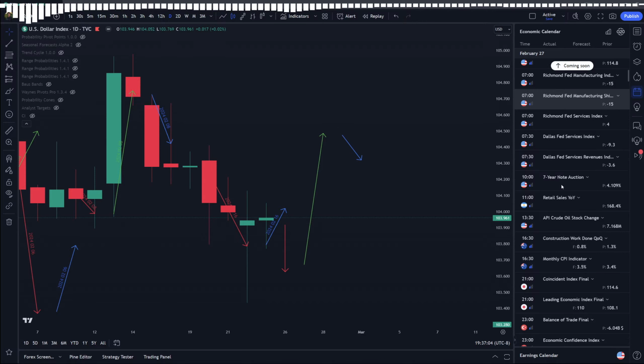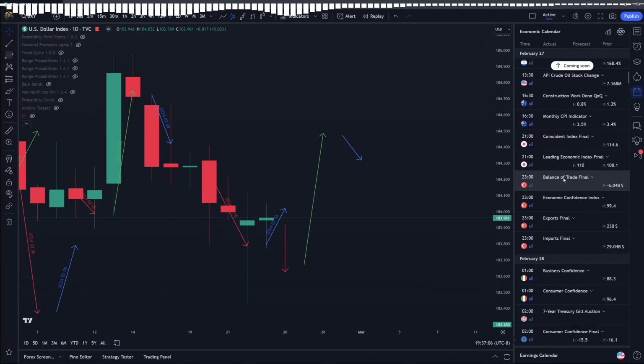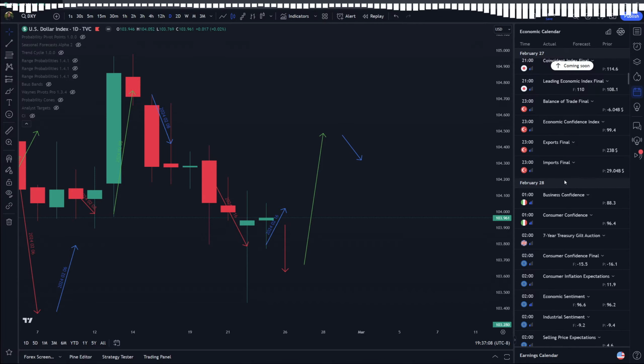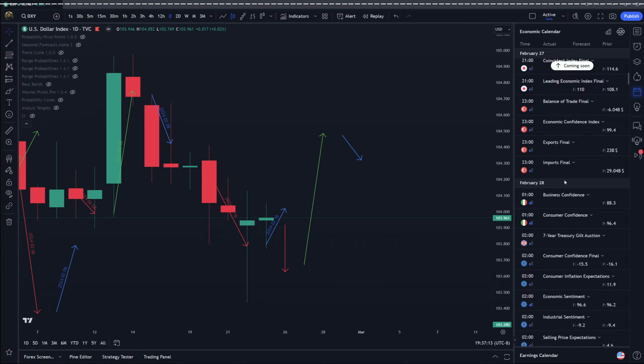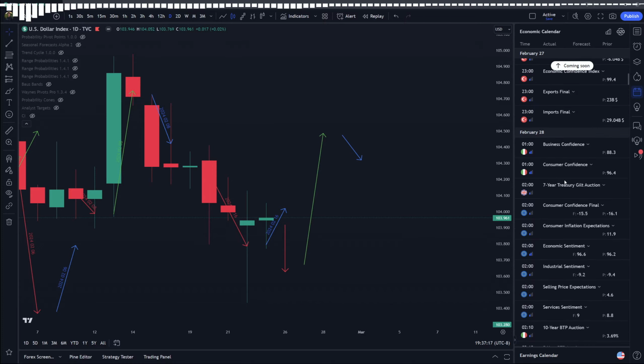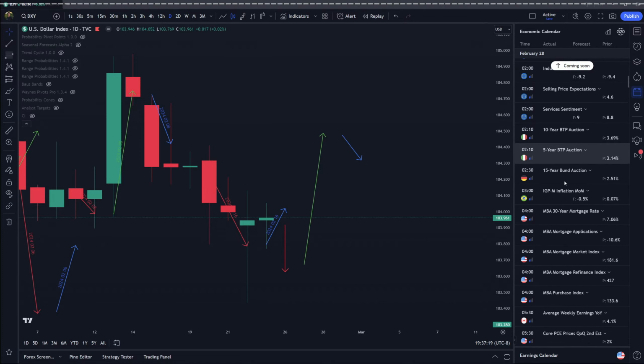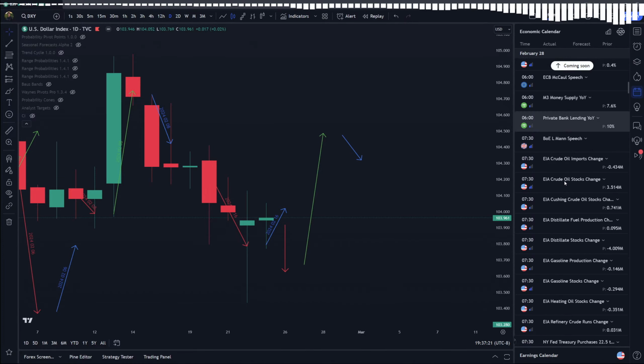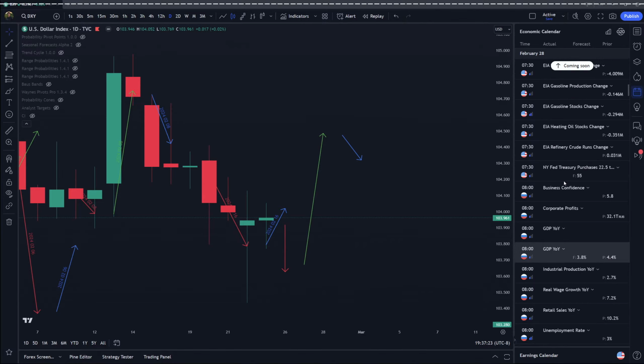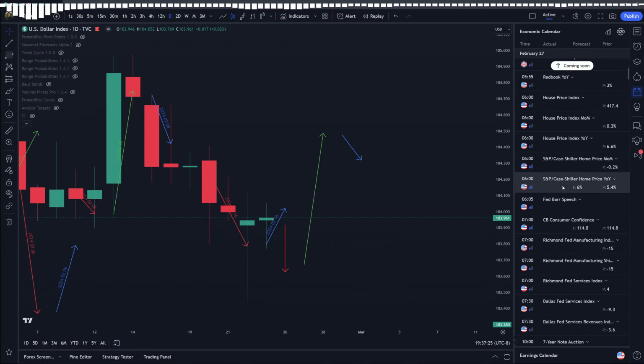So the very first thing we're going to be looking at when we start going down these charts is the yen pairs, probably the first time since I've been streaming outside of the dollar yen.